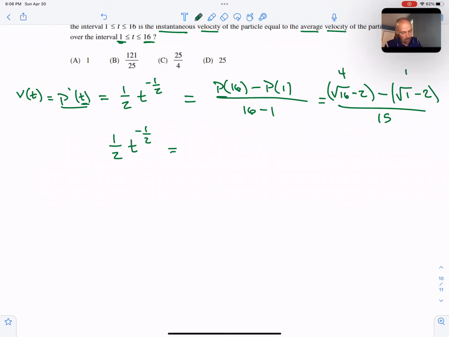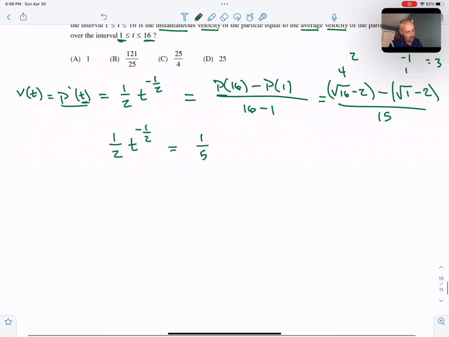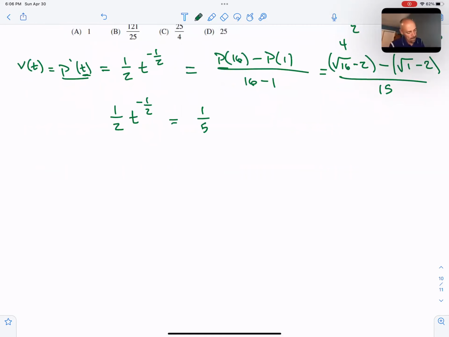So 4 minus 2 is 2. 1 minus 2 is negative 1. 2 minus negative 1 is going to be 3. So I got 3/15 or 1/5.